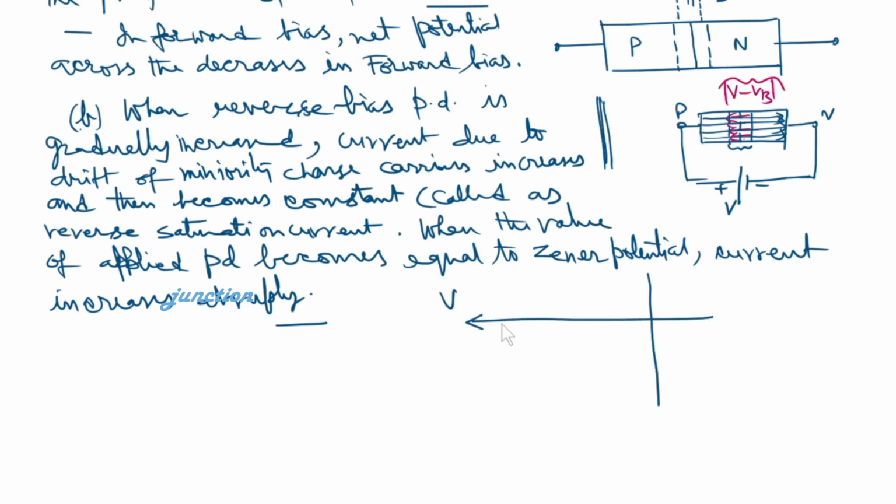This is potential difference and this is current. Current in reverse bias is of the order of microampere. As I told you, current first increases very slowly, then becomes constant, and this constant current is termed as the reverse saturation current. For a particular value of applied voltage V equals Vz, this current abruptly increases to a very high value.